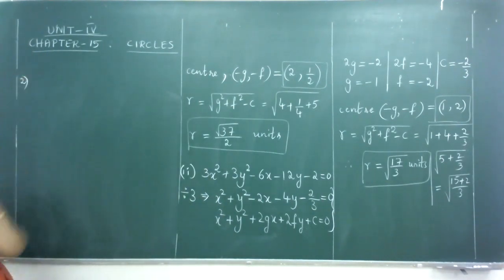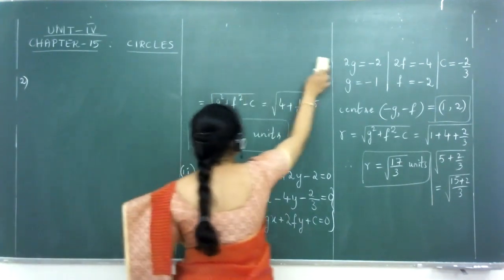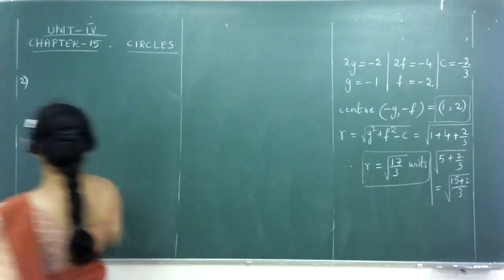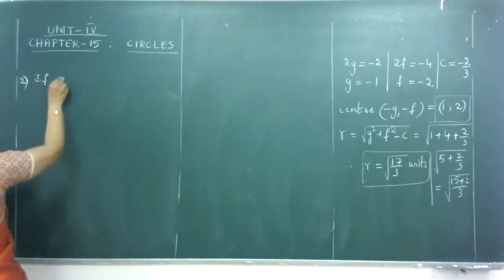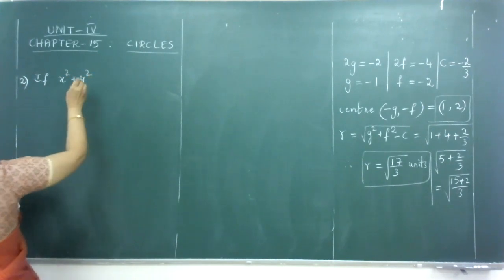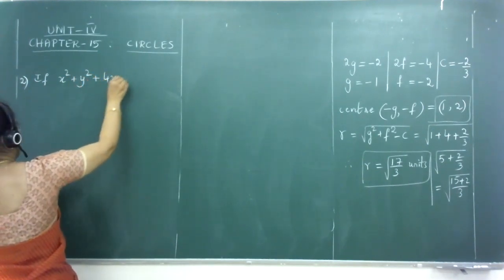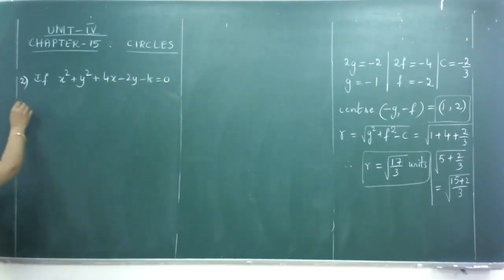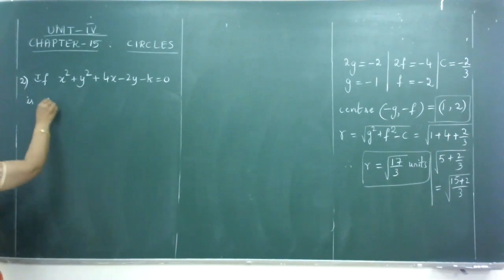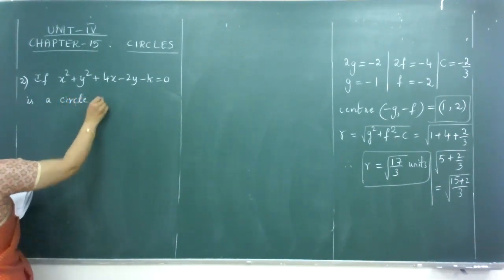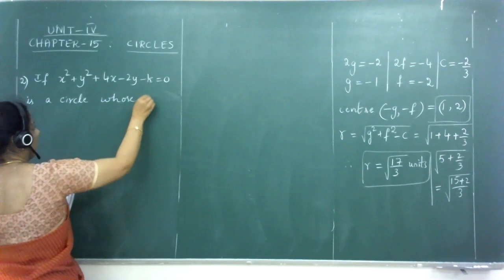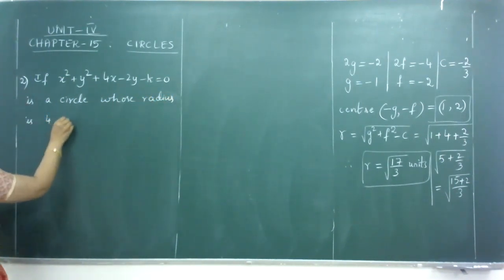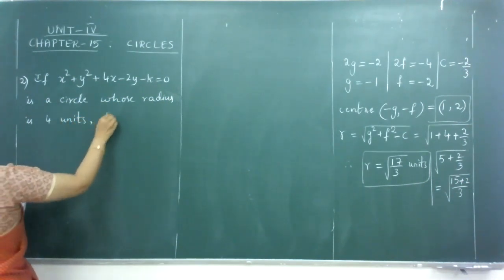Two questions are done with this. I change to the second question now. The second question is, if x squared plus y squared plus 4x minus 2y minus k equal to 0 is a circle whose radius is 4 units, then find k.